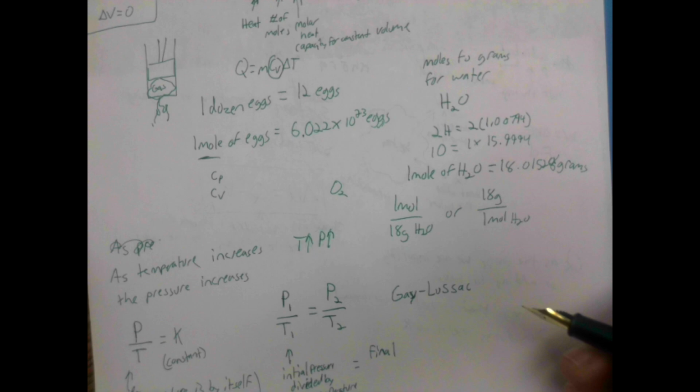So we want to find work, so we want to find area. So we know that pressure is force divided by area. So that means that force is equal to pressure times area. All right.